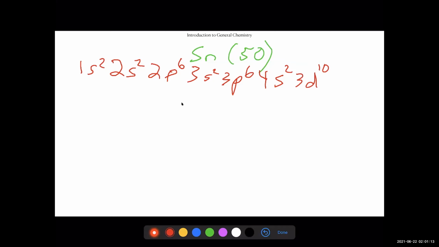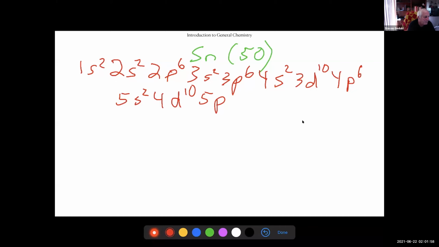And we're at 4, because remember, P start with 2, 3, so we're at 4p. And we're at 6, we go across. We go down to 5, 5s2. So 4d10, 5p2. So that's the electron configuration for tin.